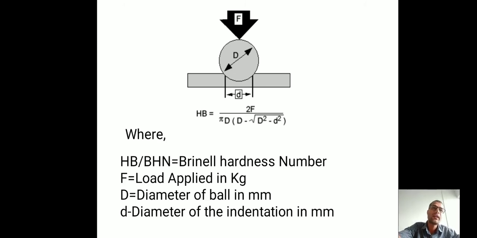Now we can calculate BHN or HB. What is HB? HB means Brinell hardness, or BHN means Brinell hardness number, that we can calculate. So a simple formula is there.